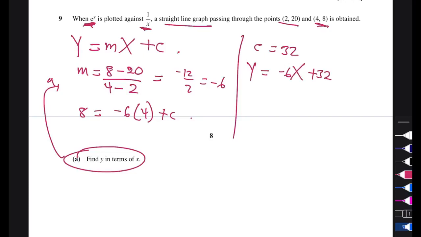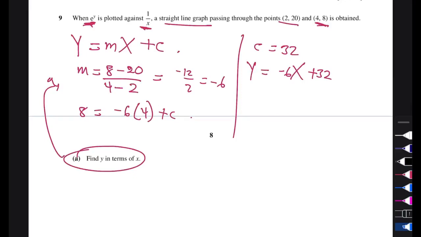But if you look at the question that they gave us, they changed a few things because they said that your big Y is actually e to the power y, and then your big X is 1 over x. So that means e to the power y is equal to negative 6 times 1 over x, plus 32.